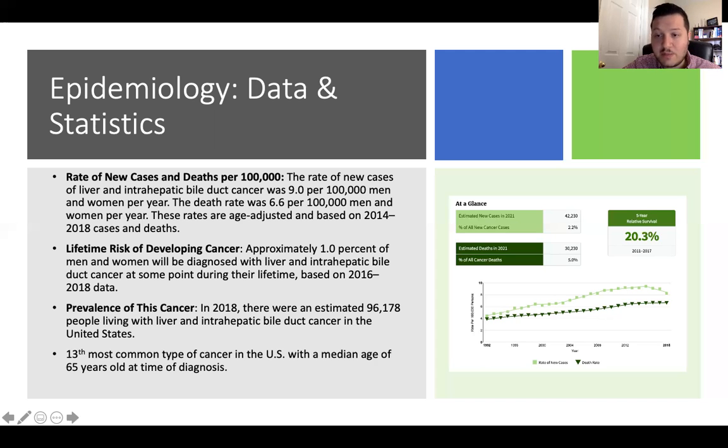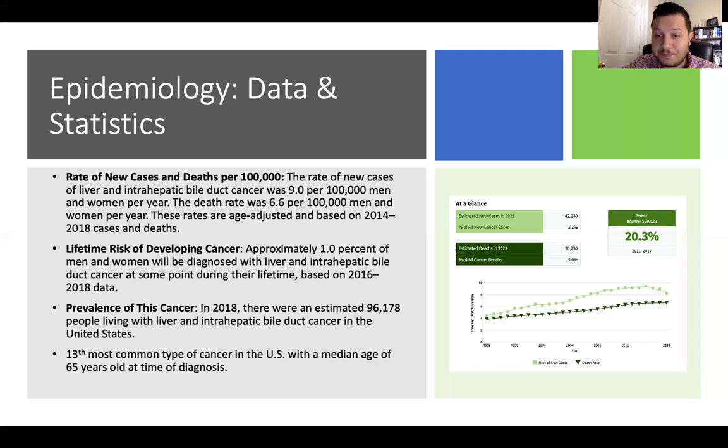There's about a 20.3% 5-year survival rate, which is a lot better than other cancers from what I've seen, like compared to leukemia and osteosarcoma. There's an estimated 42,230 cases in 2021 based on previous data. That's about 2.2% of all cancer cases.